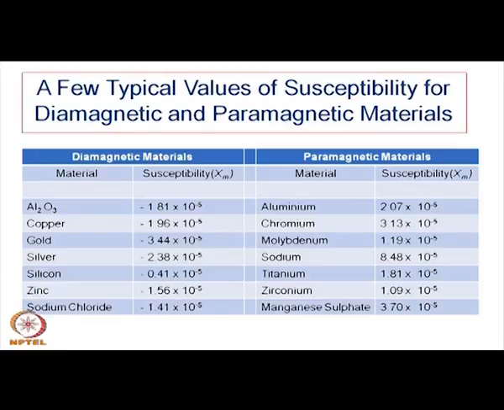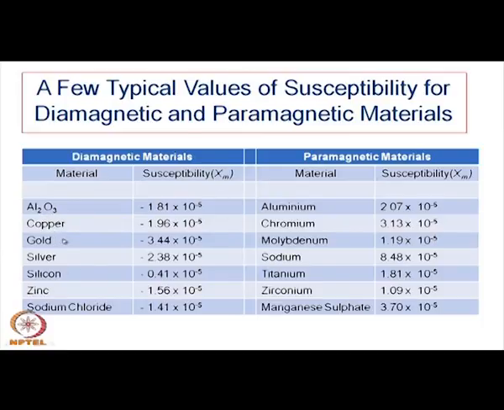These are some examples and specific values of susceptibility for a group of diamagnetic as well as paramagnetic materials. You can see here, most of the values are in the range of 10 to the power minus 5, but all are negative, and there are slight variations, but more or less in the same range.